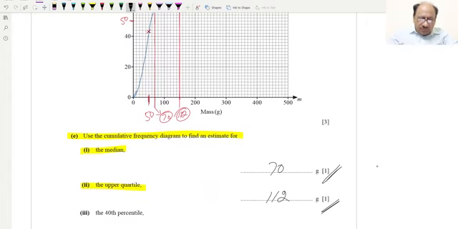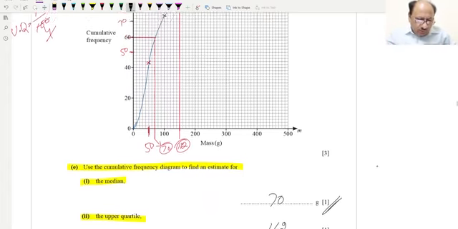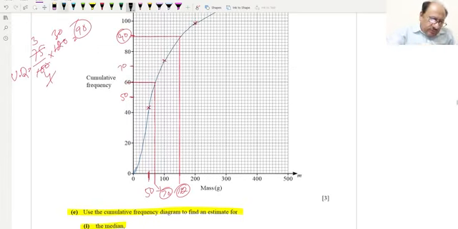And then they are saying 40th percentile. So for the 40th percentile, 40 over 100 into 120, and 0 cancels 0, and this will be equal to 48.